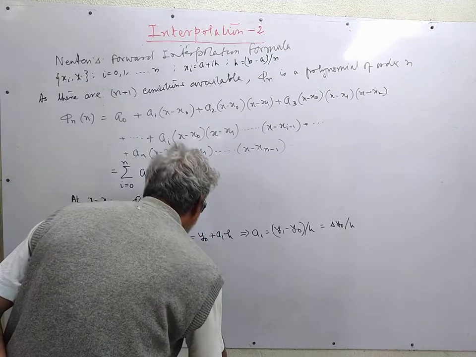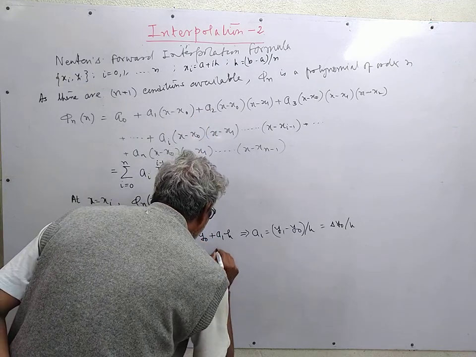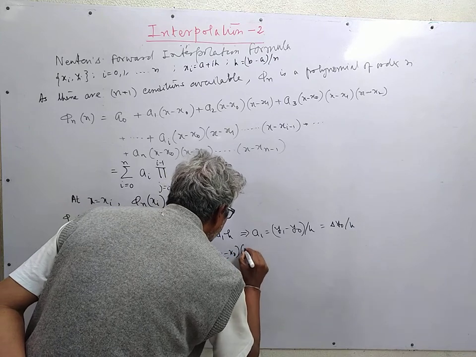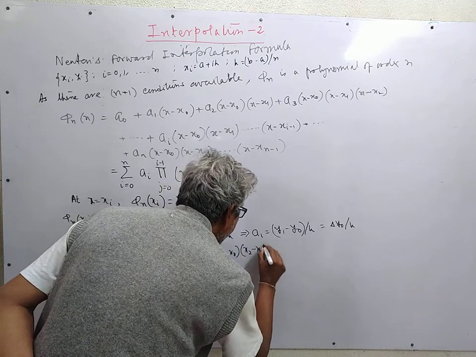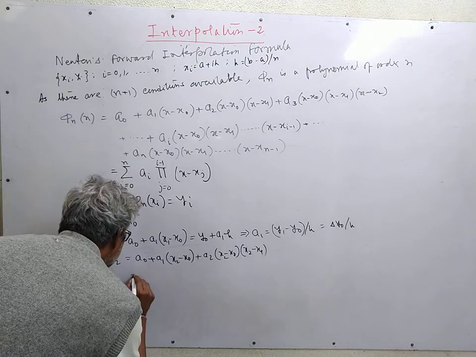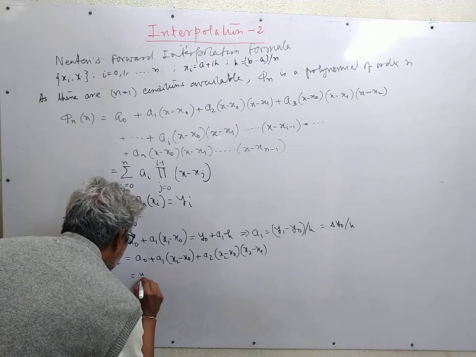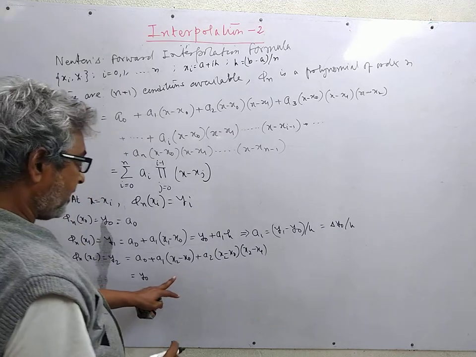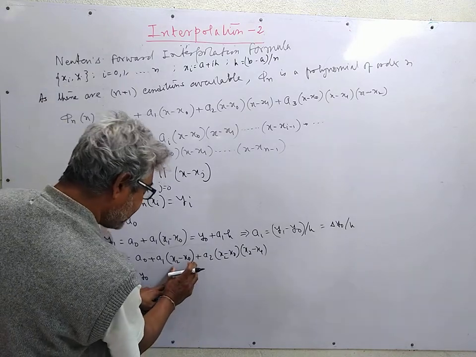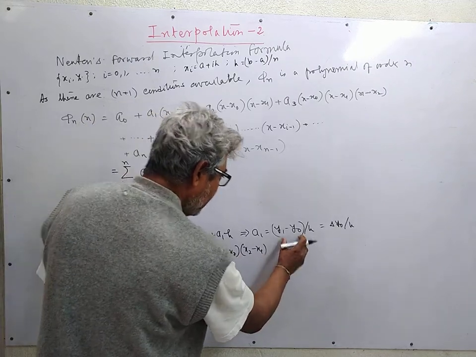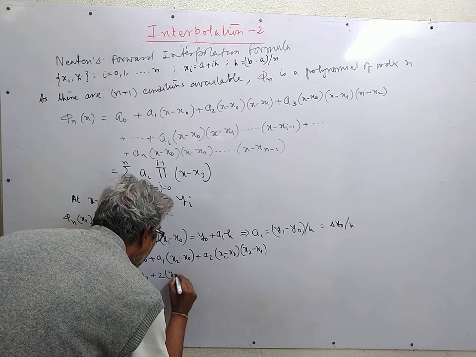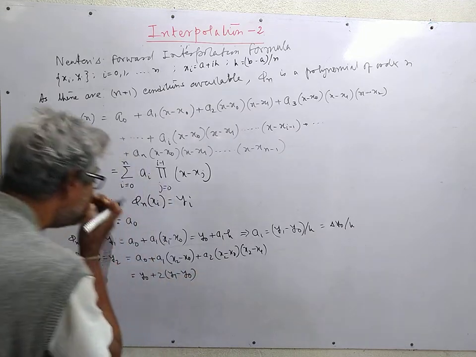For the next term, we have a2 times x2 minus x0, x2 minus x1. Now coming to the situation, this is y0, a1 we have calculated. This much is twice h, so this is altogether twice y1 minus y0.